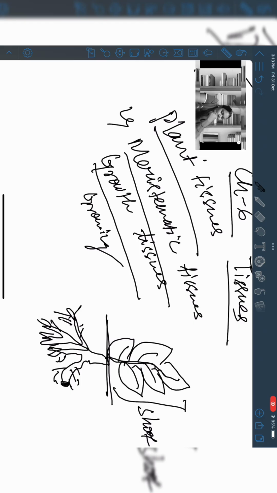You may take a look in your textbooks. Okay. So as I said, the tissues present in the tip region are called the apical meristem. This is one type.